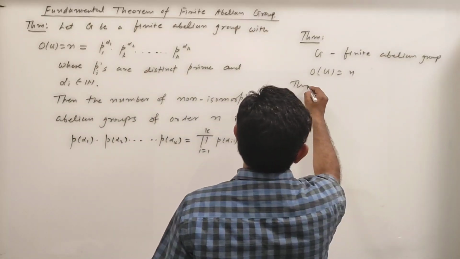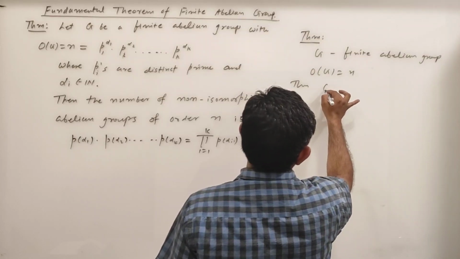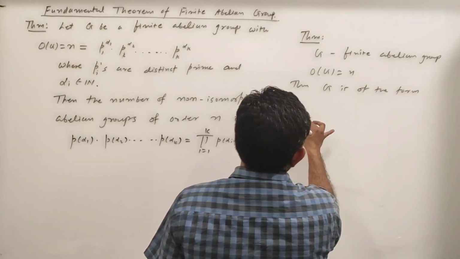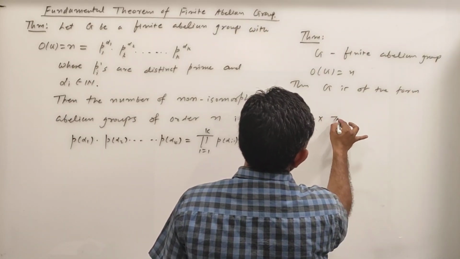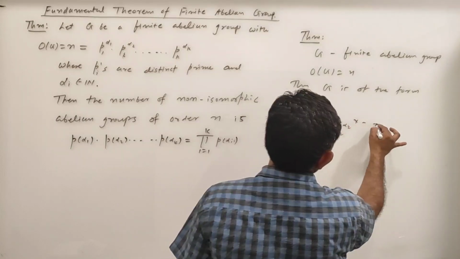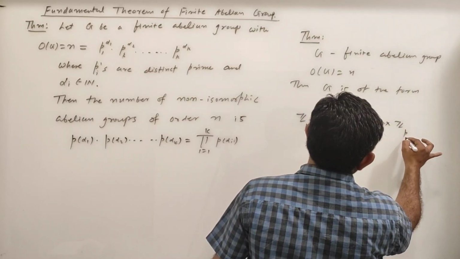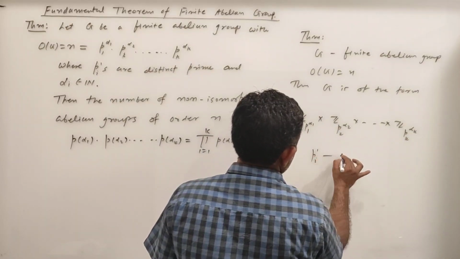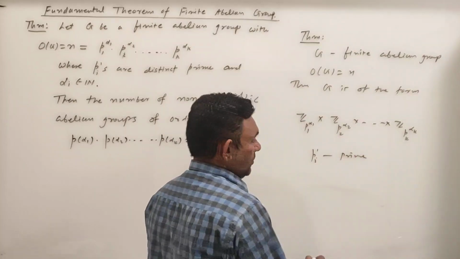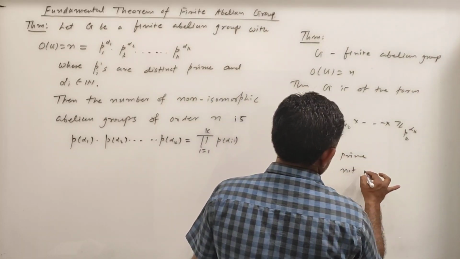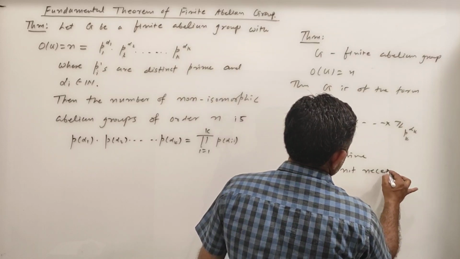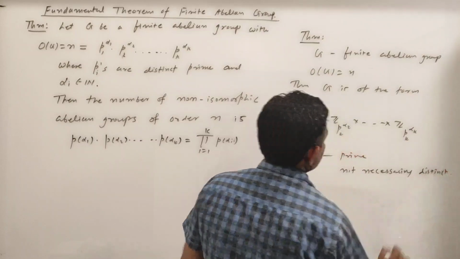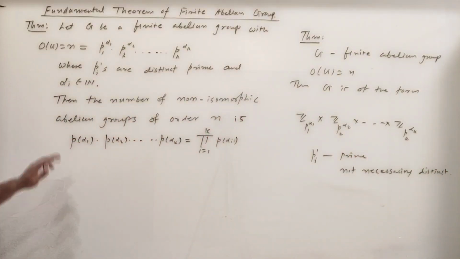Then G is of the form Z_P1 raised to alpha 1 cross Z_P2 raised to alpha 2 cross and so on Z_Pk raised to alpha k. And here Pi's are primes, not necessarily distinct, वो अलग हो ऐसा जरूरी नहीं है, right?